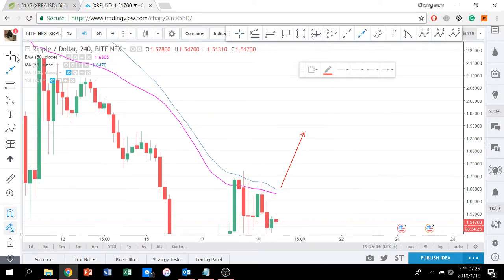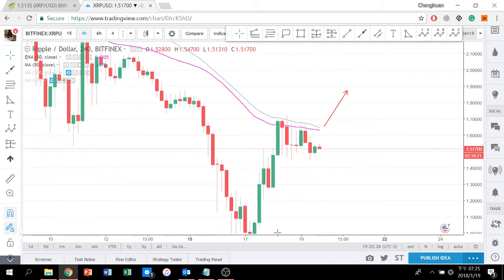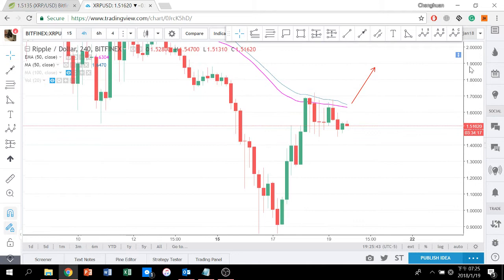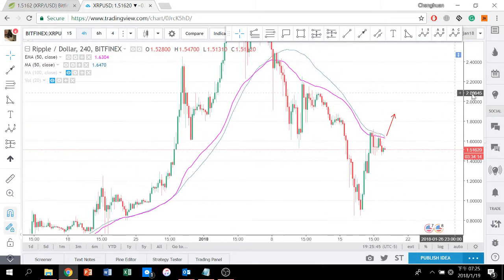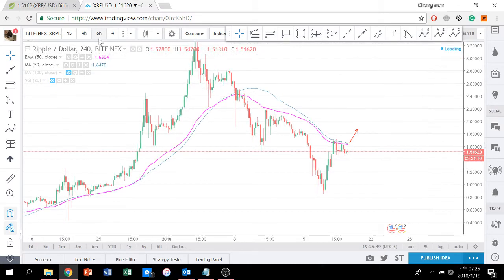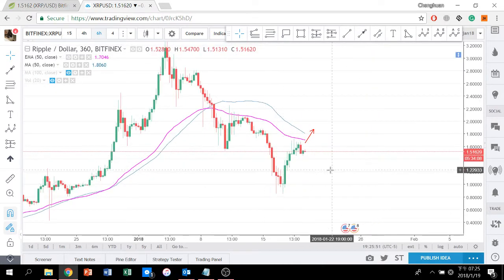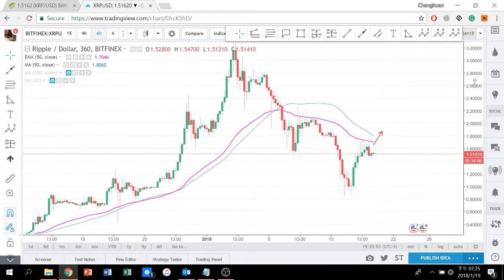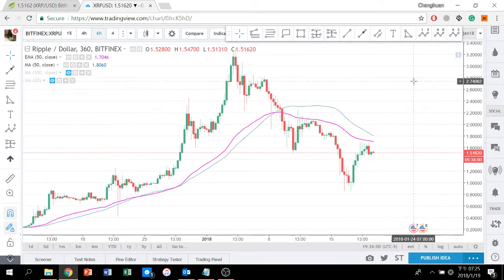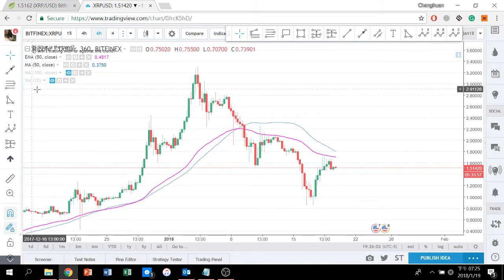Because we're down ticking from this uptrend, from wave 4. I think this is wave 4. I'll talk about this soon. Anyways, we're still trading below EMA 50 on the 4-hour chart. And if we take a look at the 6-hour chart, same here, right? This is why I think we're still in a downtrend. We're still in a bear market. So take care if you're going for a long position, right?